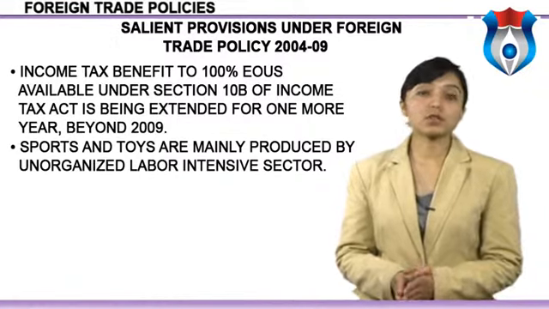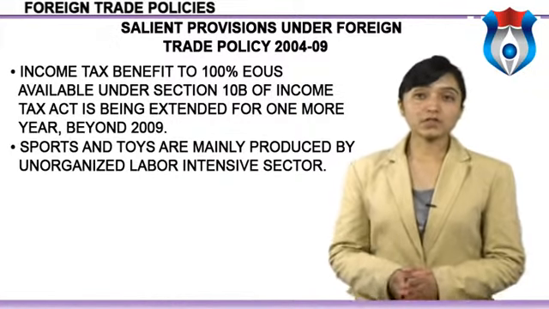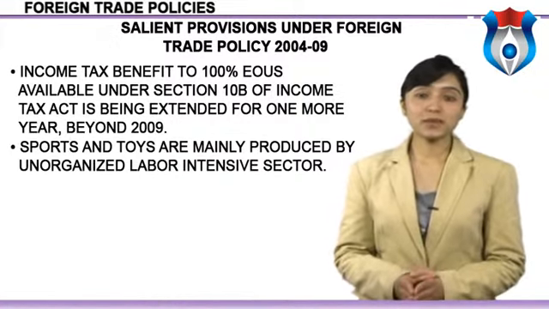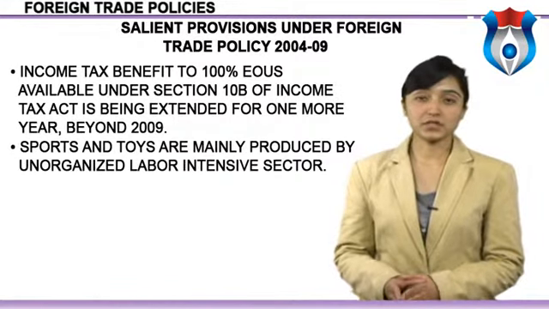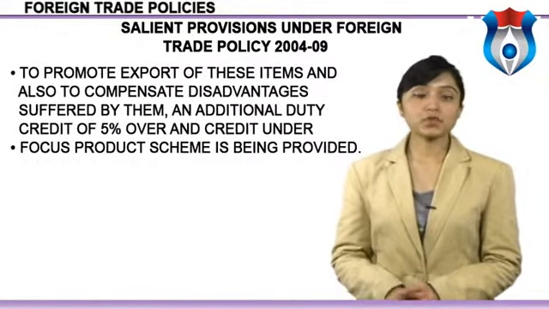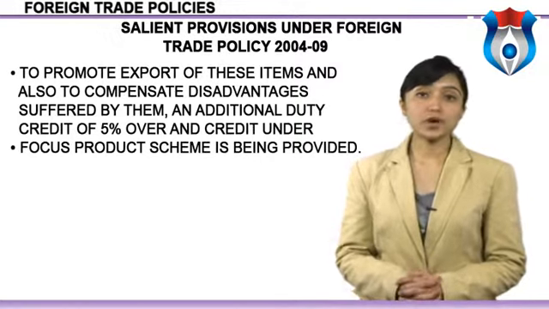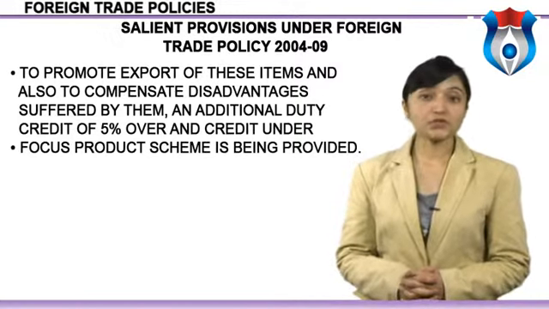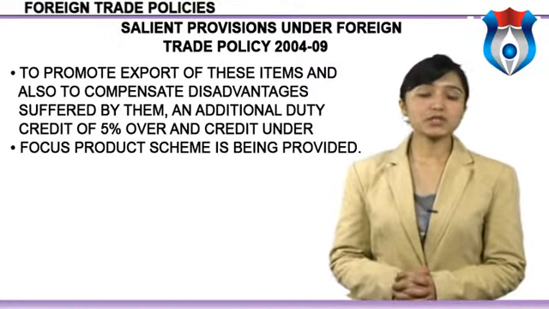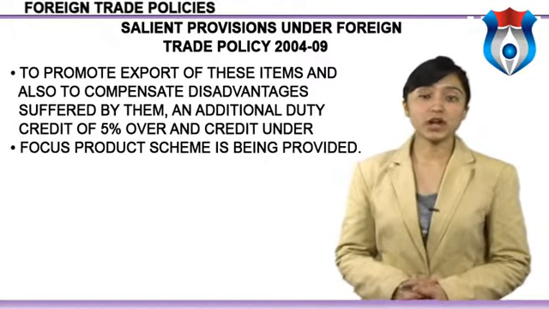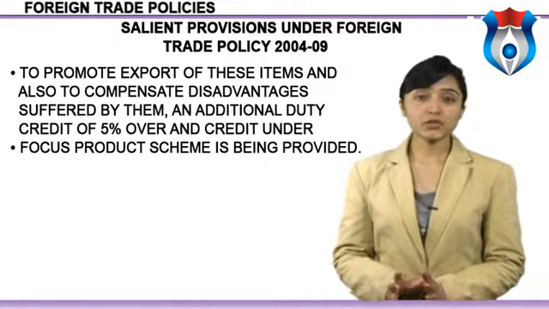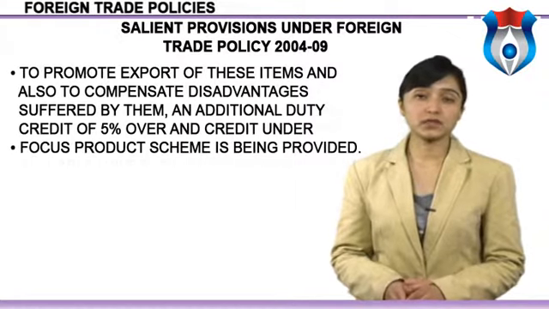Sports and toys are mainly produced by the unorganized labor-intensive sector. To promote export of these items and also to compensate disadvantages suffered by them, an additional duty credit of 5% over and above credit under the focus product scheme is being provided.